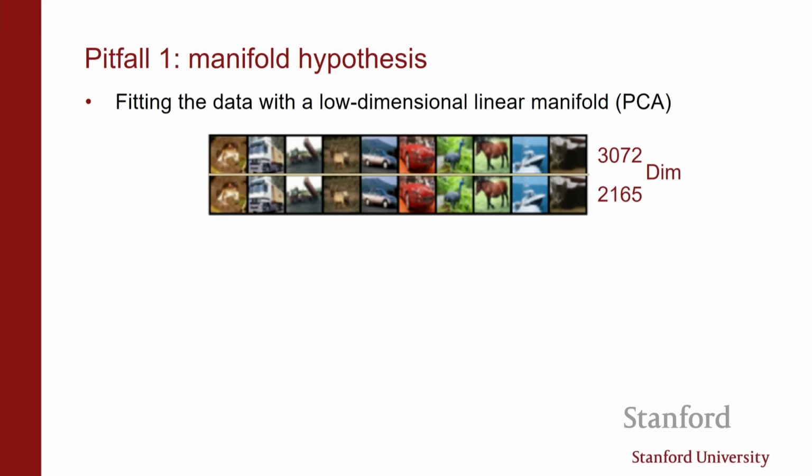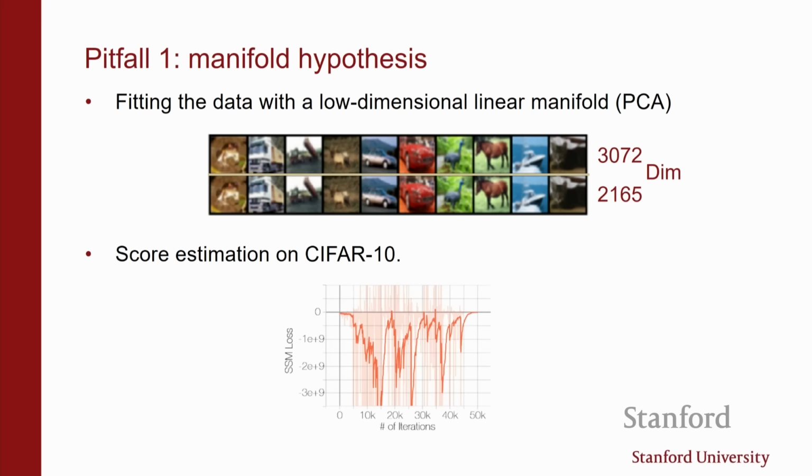And if you take CIFAR10 and you take a 2,165 dimension manifold, again, almost no difference after you project the data. So that seems to be an issue, and you can see, if you look at the training curve on CIFAR10, the sliced score matching loss is very, very bumpy and it doesn't quite train.